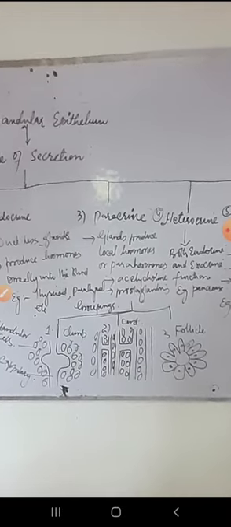And the third one is called paracrine glands. Paracrine glands are the glands which produce local hormones. They have local effects. For example, gastrin has a local function inside the stomach.